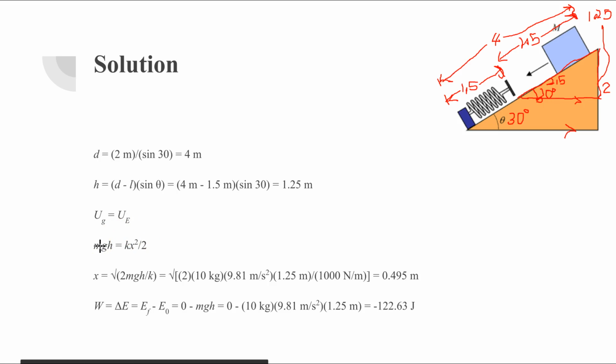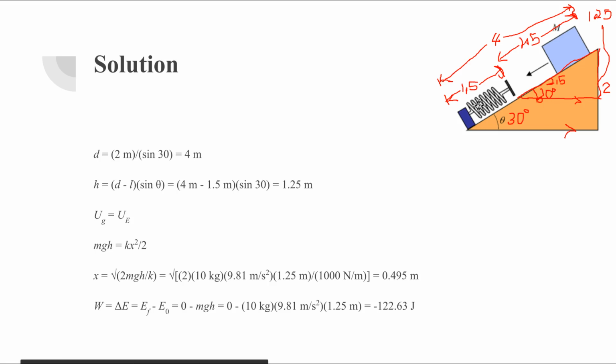Remember, for simplicity, we're just going to neglect any further changes in height. It will still go down a little due to compression of the spring, but it will not be that much to be concerned about, because elastic potential energy will start to absorb all the gravitational potential energy.